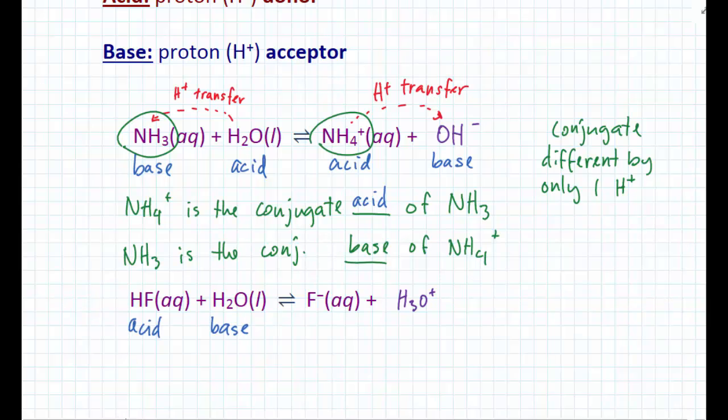What was an acid over here, HF, if we lose an H+ from the acid, this will automatically be considered a what? Base. Yep. Because the reverse reaction will have it accepting that same proton that it lost as an acid.